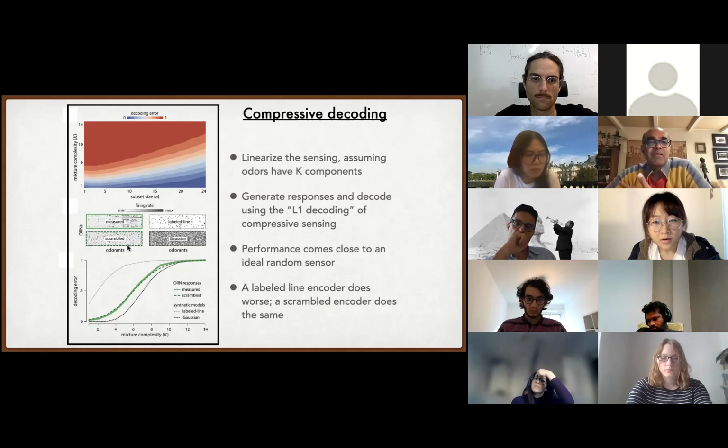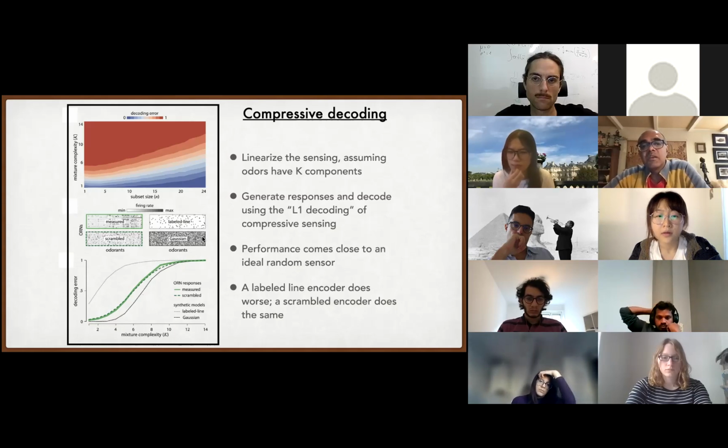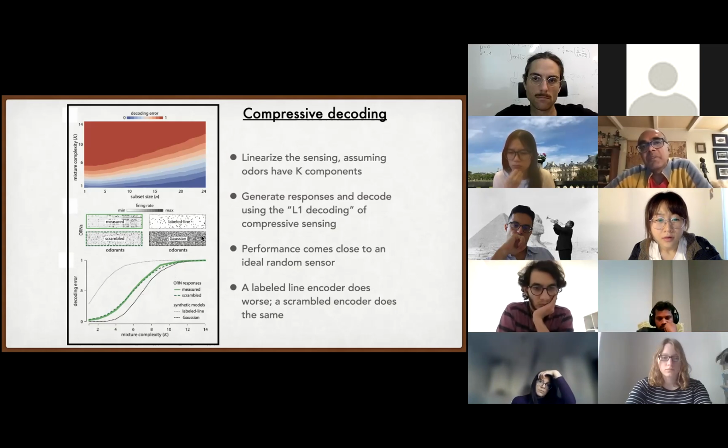This is a scrambling to remove the correlations, and this is the ideal Gaussian random sensor. And the intent here is to show that the labeled line interpretation really erases a lot of the information that's actually there in the true sensing matrix, that the correlations in the sensing matrix don't matter much for the decoding performance. That's what's being illustrated with these two lines. And that both the measured and the scrambled versions are actually quite close to the ideal Gaussian random sensor that packs as much information as possible into the small receptor repertoire.